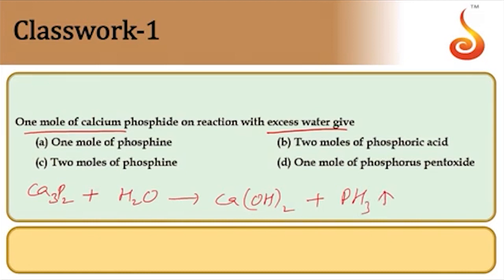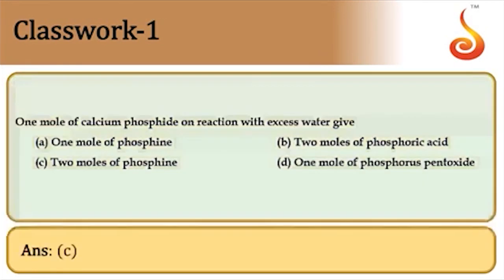When you balance this, it will be 3 moles here and 2 moles here, and hydrogens will be 12, means 6 here. So if you take 1 mole here, we get 2 moles of PH3. So 2 moles of phosphine gas is obtained. Option C is the answer.